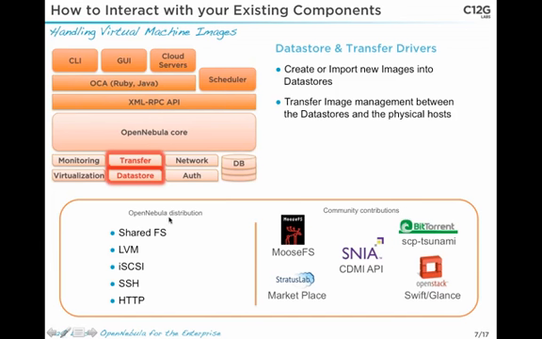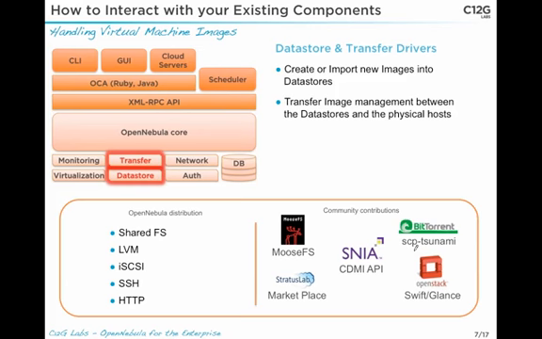So we have here a set of drivers that are shipped in the out-of-the-box OpenNebula distribution. So you see you have drivers for different image transfer protocols. And there are also community contributions, like, for instance, a very interesting set of drivers for working with the OpenStack Swift storage solution.